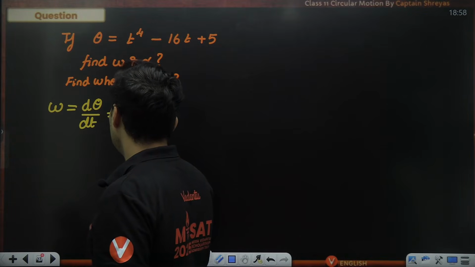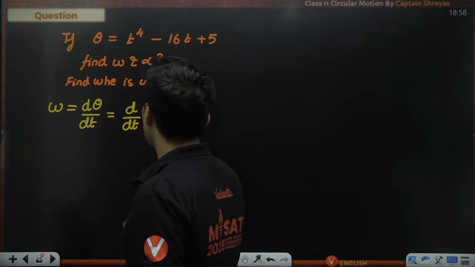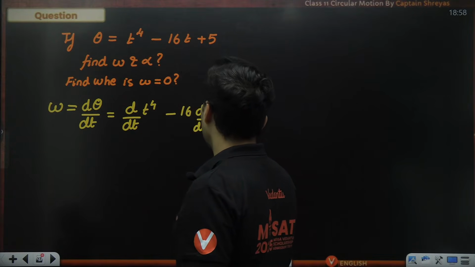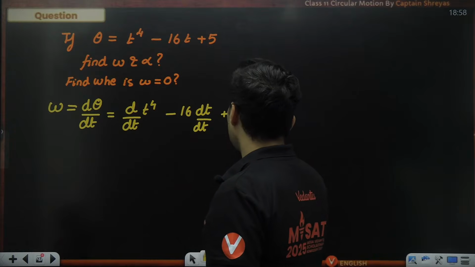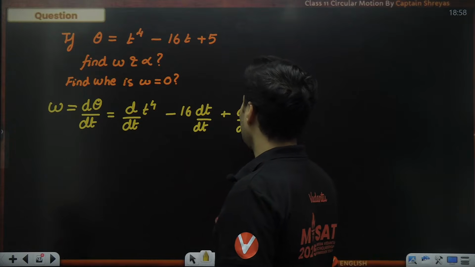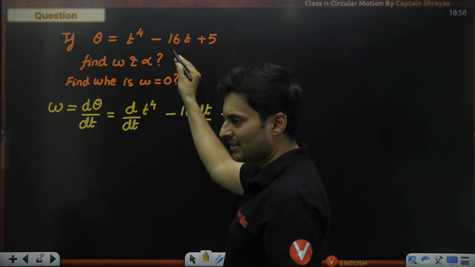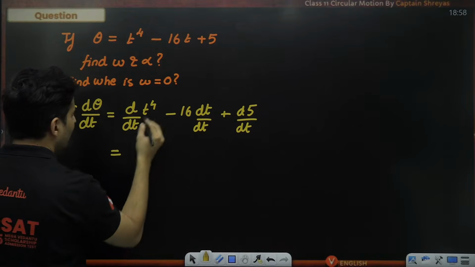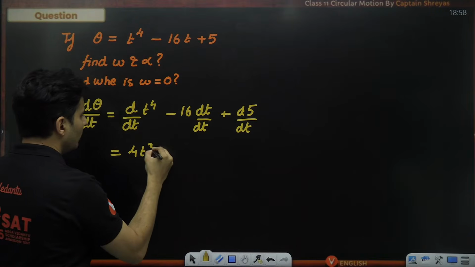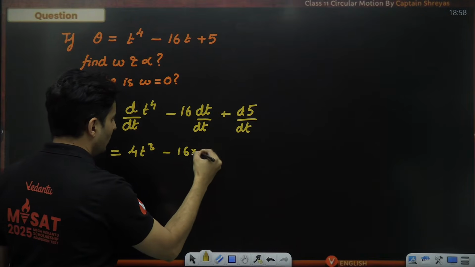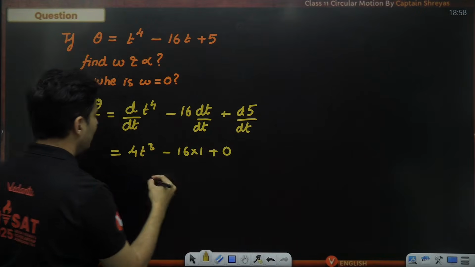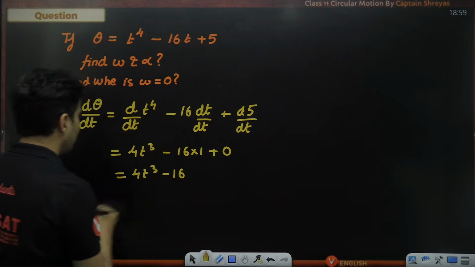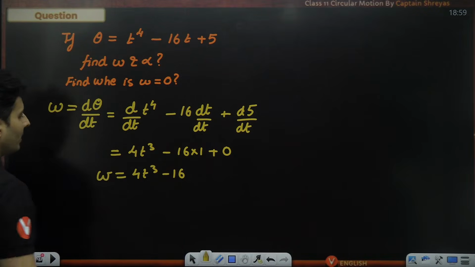So it is the derivative of t raised to 4 separate minus 16 derivative of time separate, because plus and minus is there. So this will be 4t cube minus 16 into 1 plus derivative of a constant is 0. So it will become 4t cube minus 16. That is your omega.